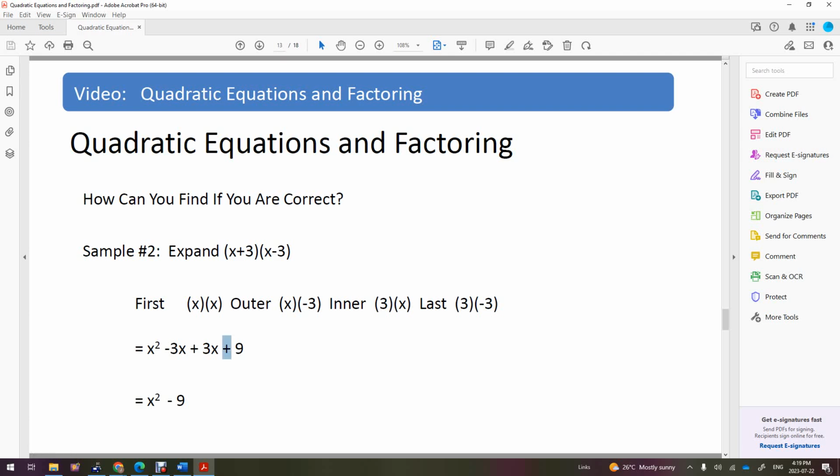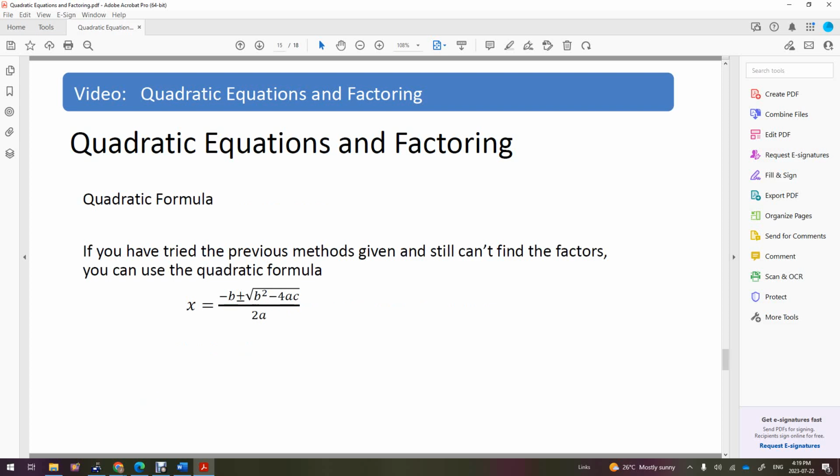Now, on the screen, you will notice there's a little bit of a mistake there, and that plus 3 should be minus 3, so I put it in with red. One more. x plus 3, x plus 3. First, x squared. Outer, 3x. Inner, 3x. Last, 9. So this is a perfect square trinomial, and we get x squared plus 6x plus 9.